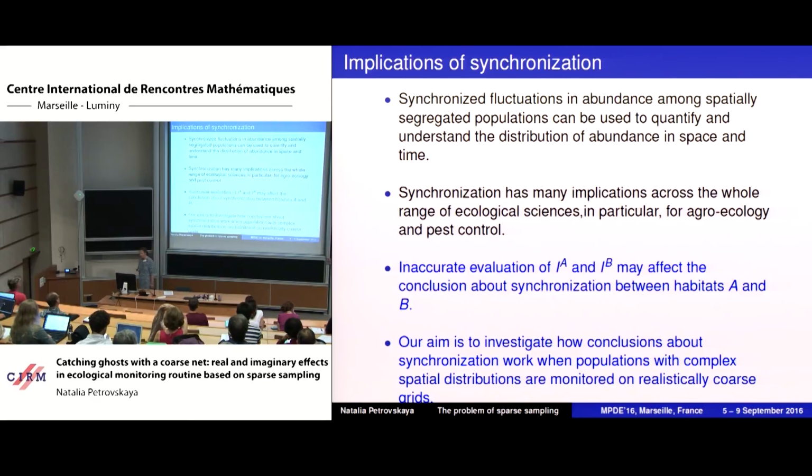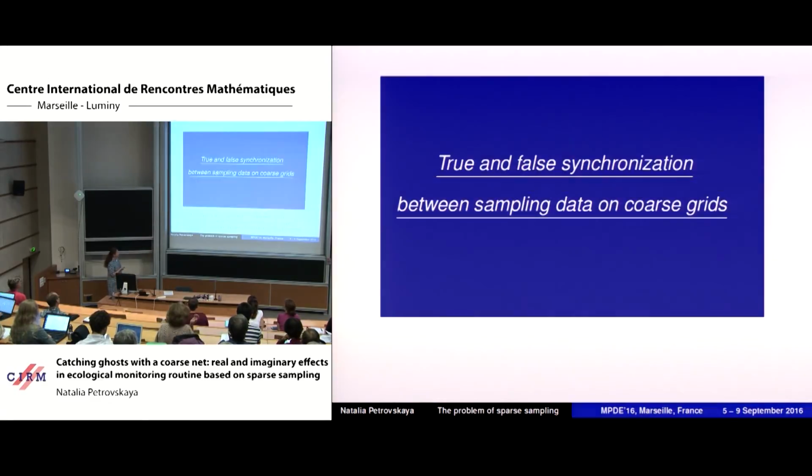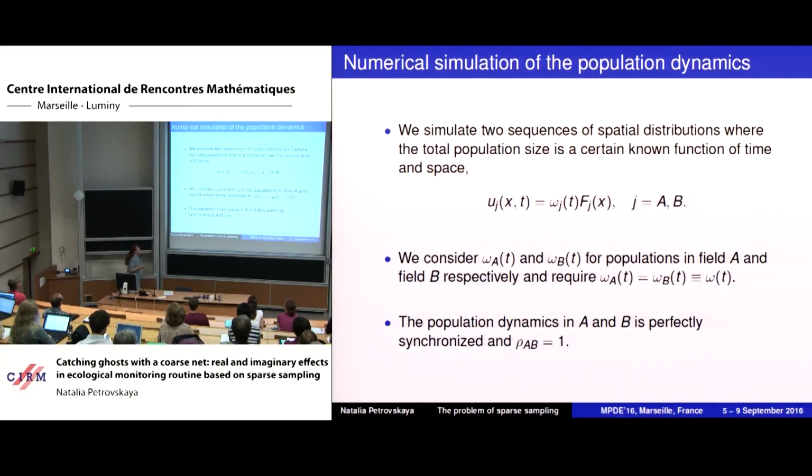Let us see therefore what happens when we use coarse grids for our evaluation. And let us have a look at what we call true and false synchronization. So what we did, we constructed several very simple one-dimensional examples.